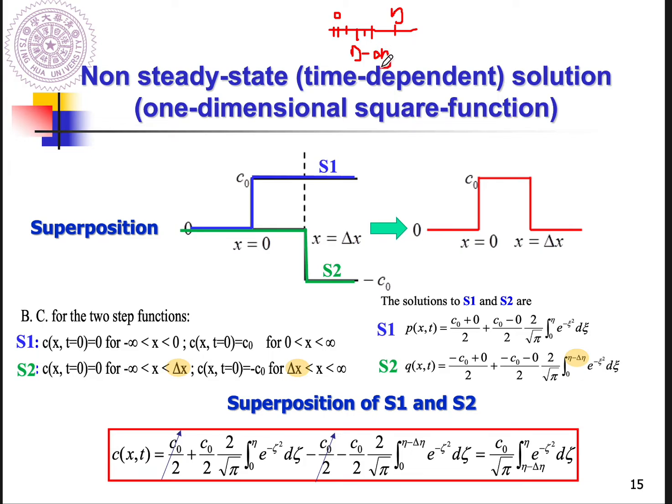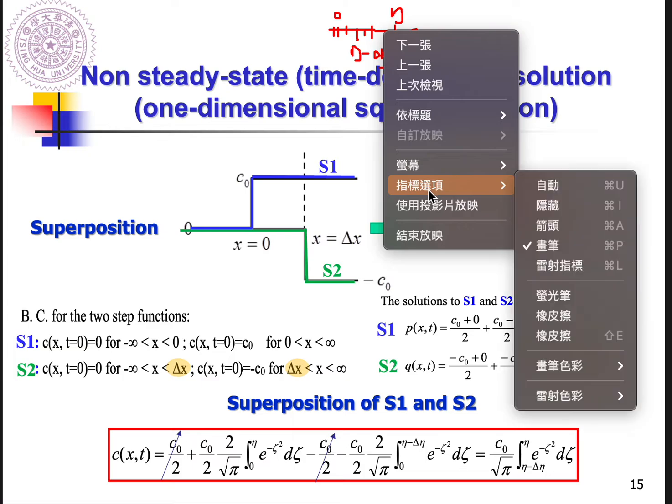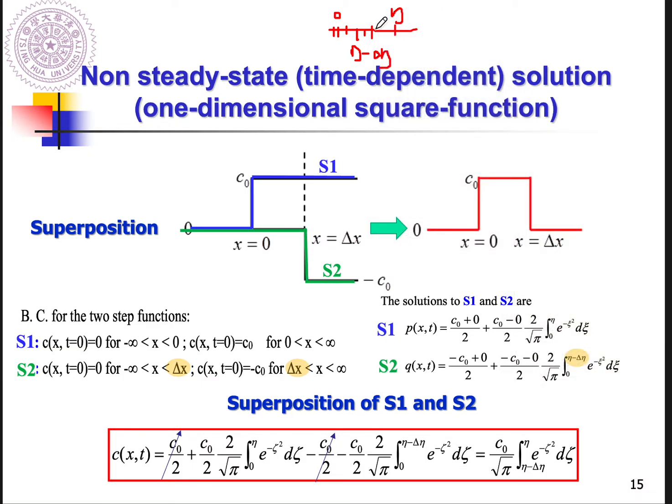So what is left is the region from iota minus delta iota to iota. So you got this result.